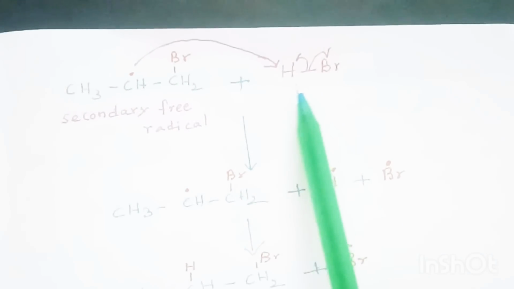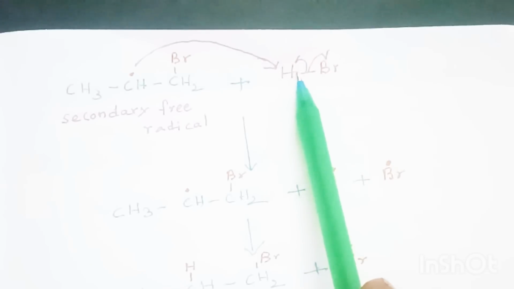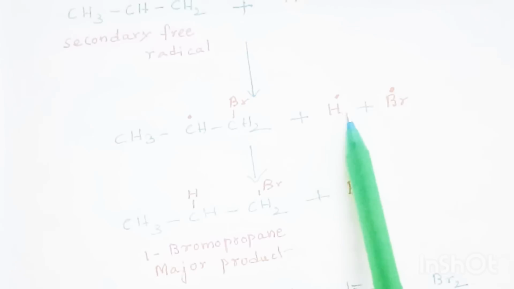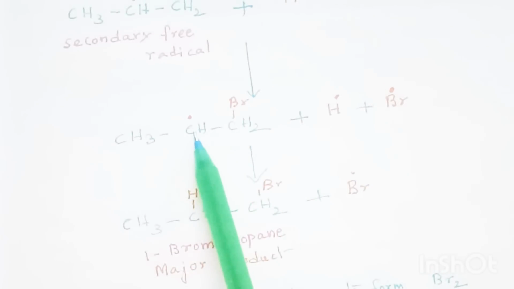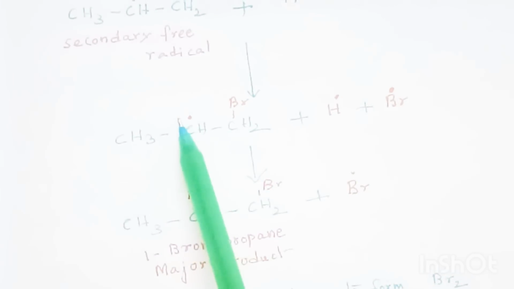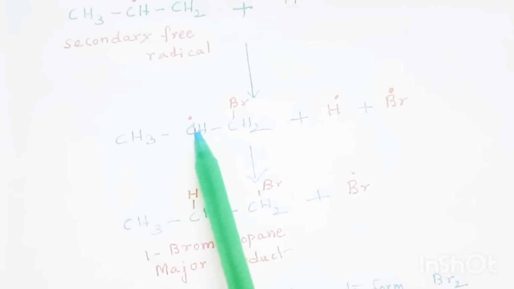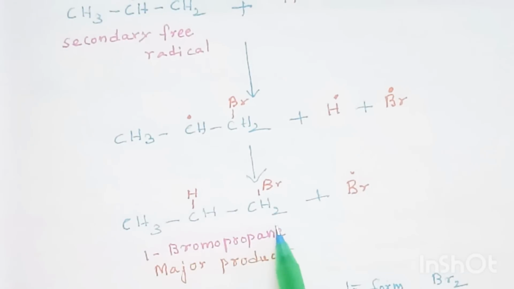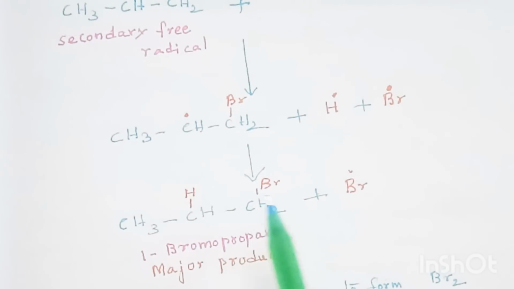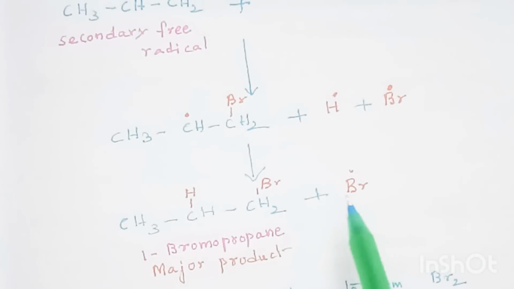As a result, the bond between hydrogen and bromine undergoes homolytic cleavage, as a result of which we get H radical and bromine radical. This hydrogen radical will get attached to this carbon atom, that is secondary free radical. So we get 1-bromo-propane as major product, CH3 CH2 CH2Br. This is 1-bromo-propane. This bromine free radical remains.